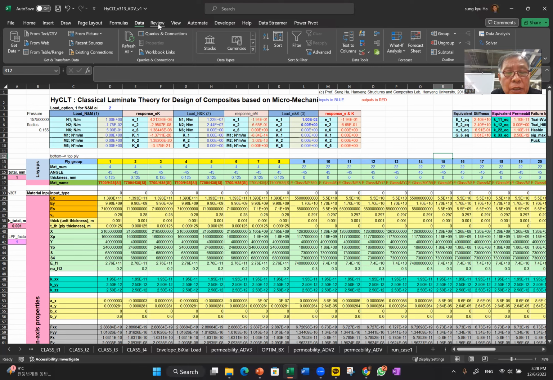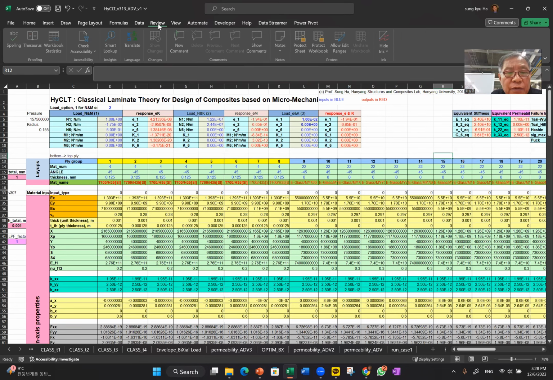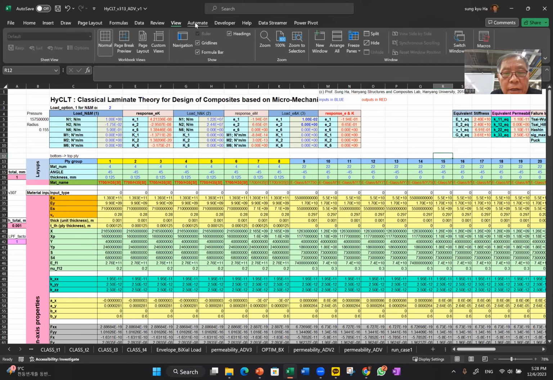Of course, all the homework and the term project will be related to this high CLT, how to use that. So please try to learn this one. Again, this can be very useful for your future study.